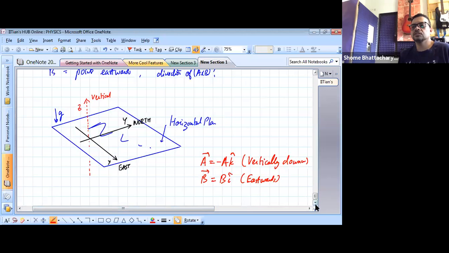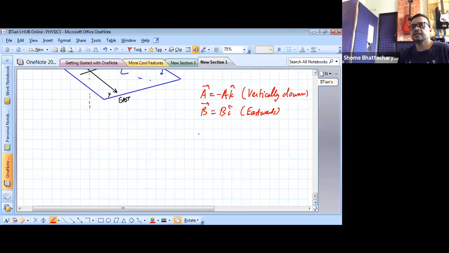So you can see that the direction of E cross B will be given by minus E k cap cross B i cap. So that is minus EB into k cross i. Now remember, k cross i is how much?